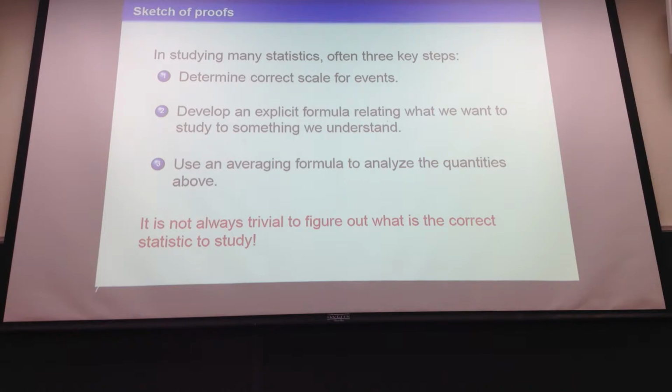Step 1 is determine the correct scale to study. This is basically the ante you need to come into the game. What's the right scale so that things are comparable? The next is we want some kind of explicit formula relating what we want to study to something we know. So in random matrix theory, what did we have that played this role? The eigenvalue trace lemma.